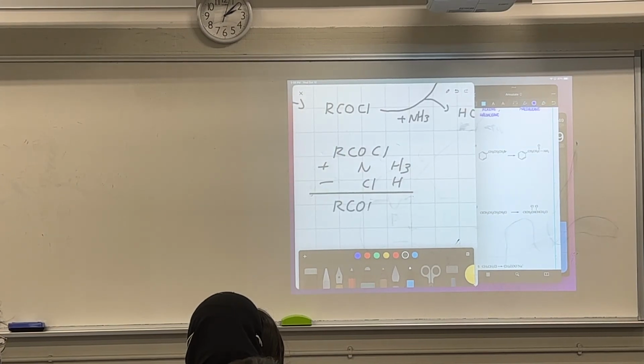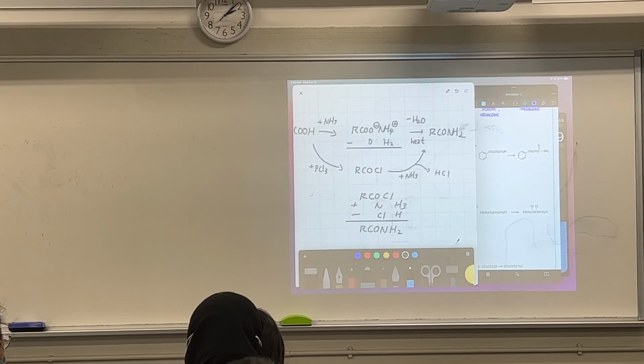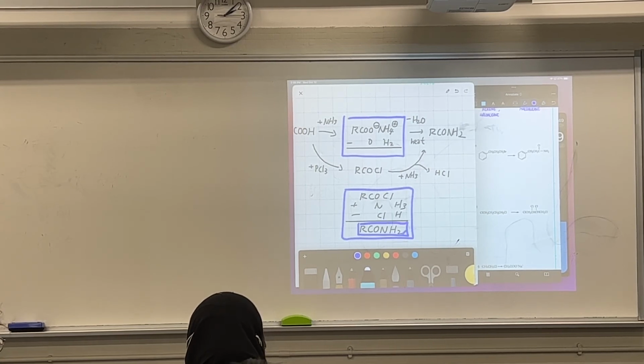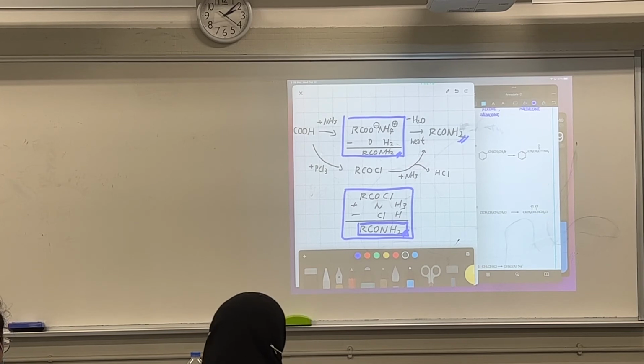RCO and NH2. Exactly. This is just slightly more complicated math. Draw a box around these calculations, and then you will see why you get this. So this is the product, RCONH2. Try to find some way to make sense of these things. If not, it's impossible to remember, trust me.